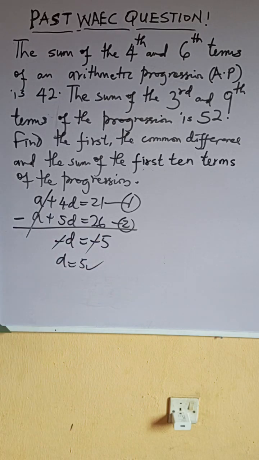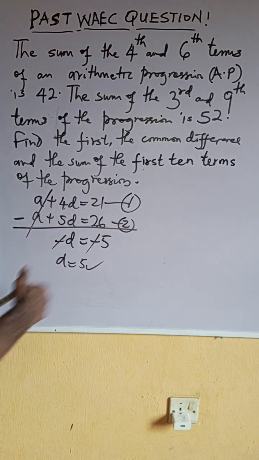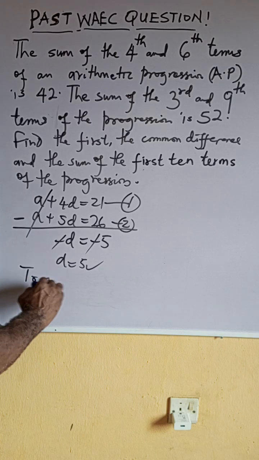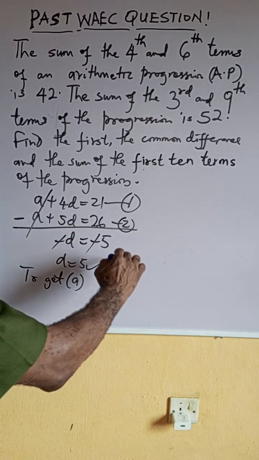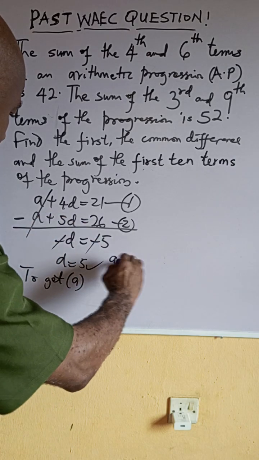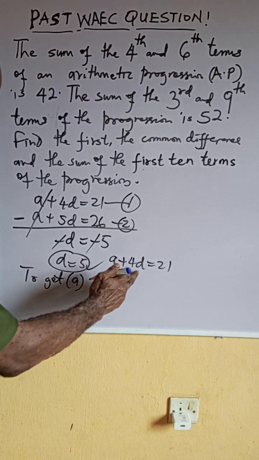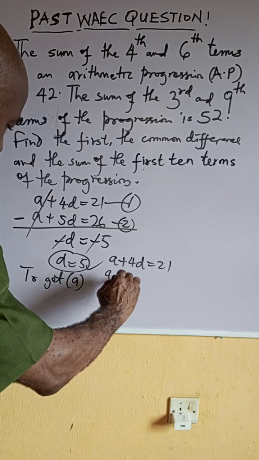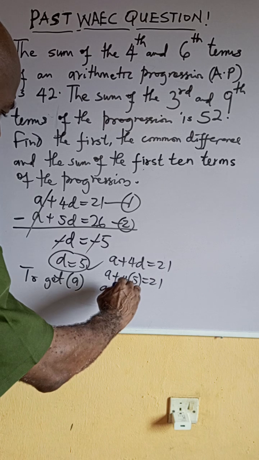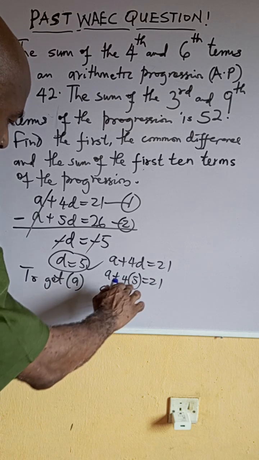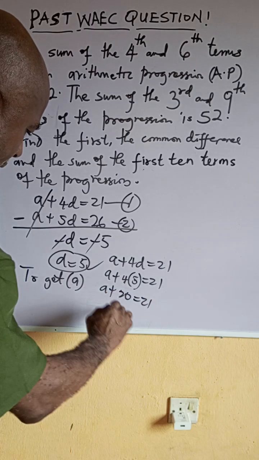Let's proceed now. We have gotten the common difference. So from any of these equations, we can get A. Let's choose equation 1, for example, A plus 4D equal to 21. Wherever you see D, replace it with 5, so that A plus 4 multiplied by 5 is equal to 21. 4 multiplied by 5 will give us 20, so A plus 20 is equal to 21.